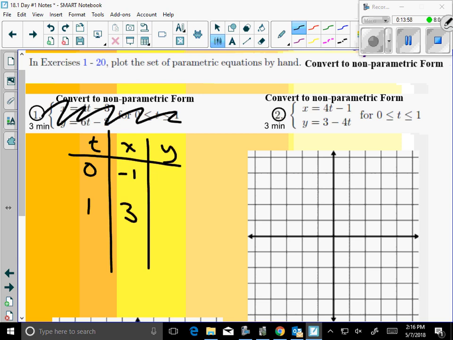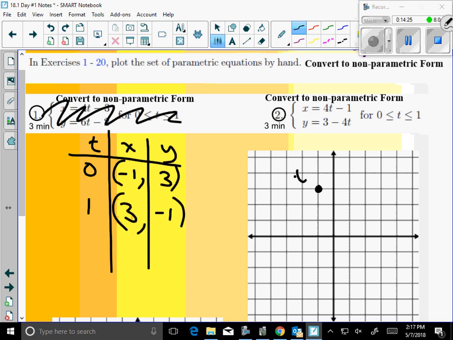How about for y? If I plug a 0 in for t into y, I get a 3. If I plug a 1 in, I get a -1. This is kind of funky. It's coincidental that I get these two flipped. But all that does is provide me 2 points. So I'm going to plot those 2 points. I've got coordinate pairs now right here and right here. -1, 3, right there.